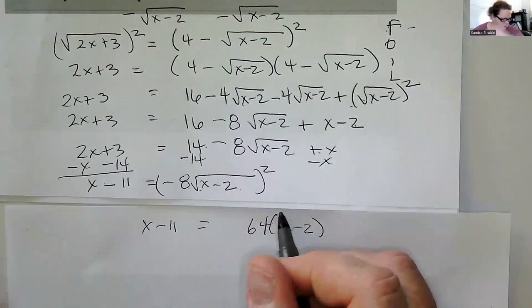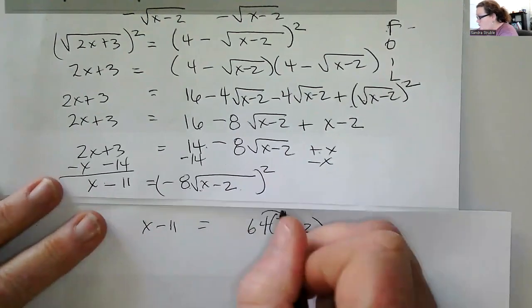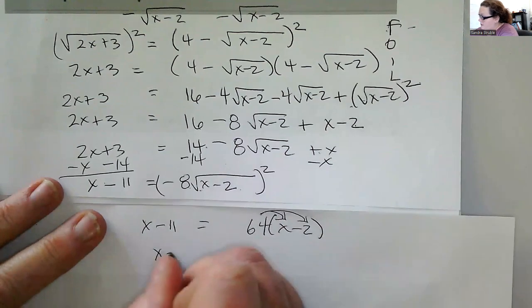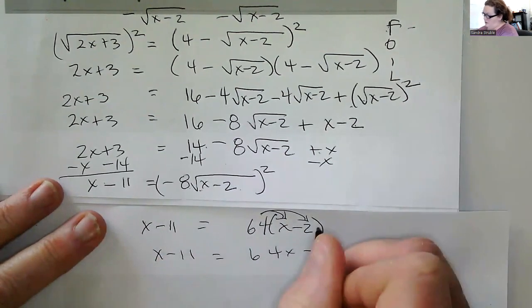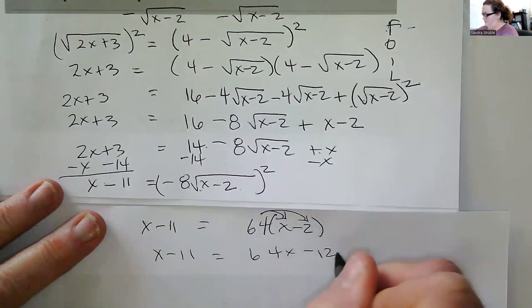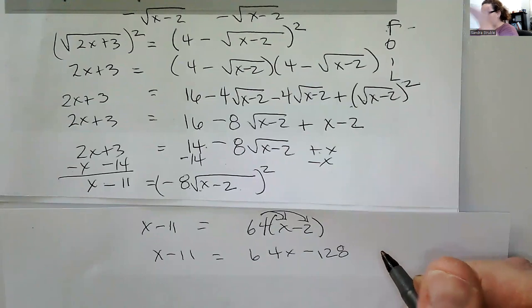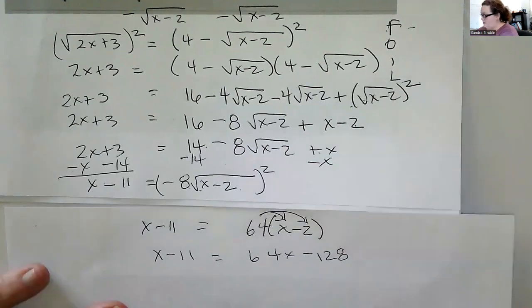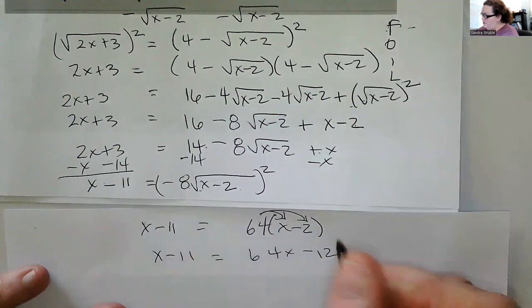Now I'm just going to distribute the 64 over the binomial, and I get x minus 11 is equal to 64x minus, what is this, 128. Okay. Let's solve for x. That's what we have left. So I'm going to bring the 11 over here and the 64x on the other side.